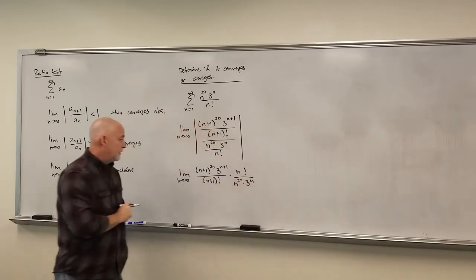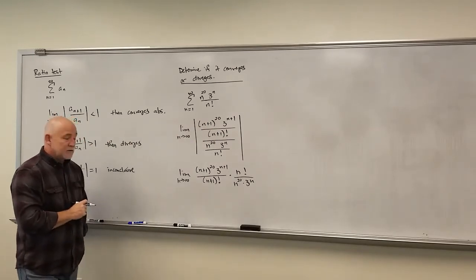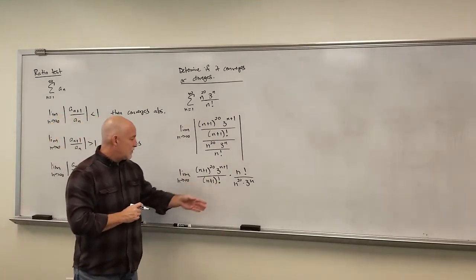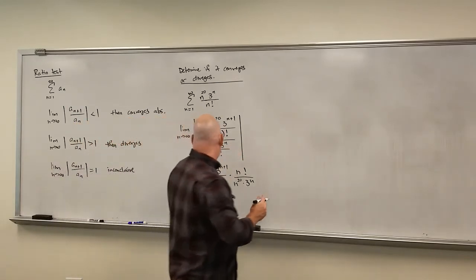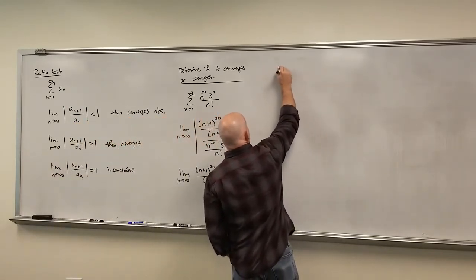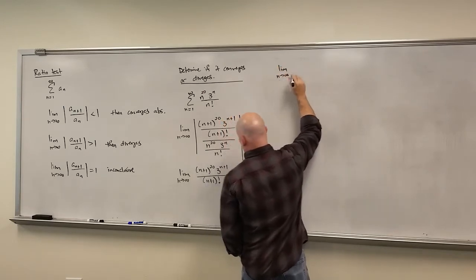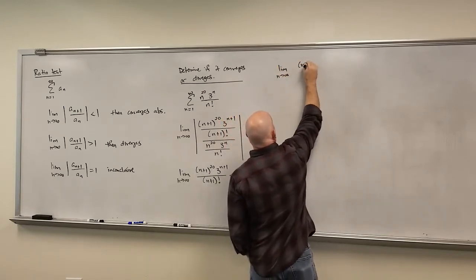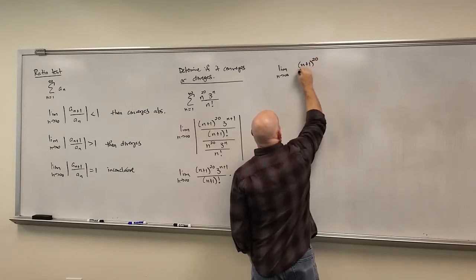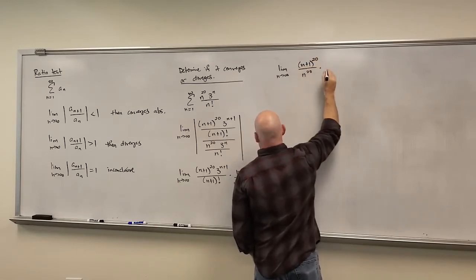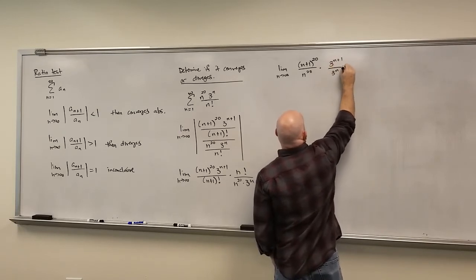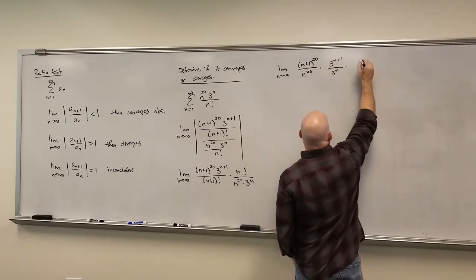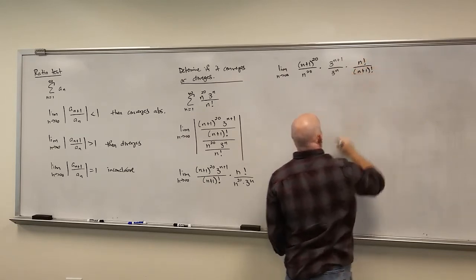All right, all I did on that is flip and multiply. Just like before, I want to line up like functions because I've got polynomials, exponentials, and factorials, so I want to stack them on top of each other. So let's do the limit as n goes to infinity. Let's do the polynomials first. I have (n plus 1)^20 over n^20, times 3^(n+1) over 3^n, times n factorial over (n plus 1) factorial.